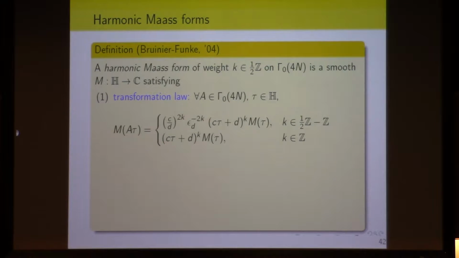This transformation in the first piece of my transformation law here is just in accordance with the theory of ordinary half integer weight modular forms. I'll define these symbols that show up in the half integer weight transformation on the next slide. They are basically plus or minus 1, or i.